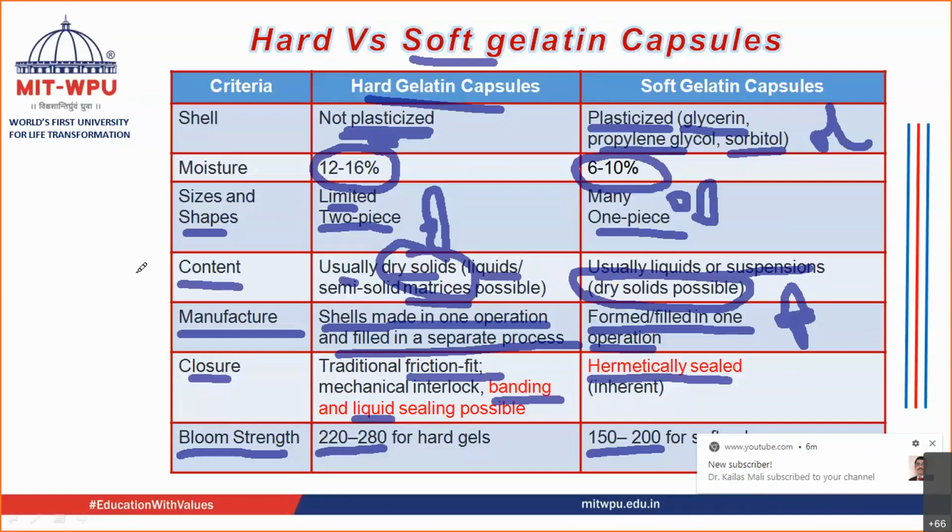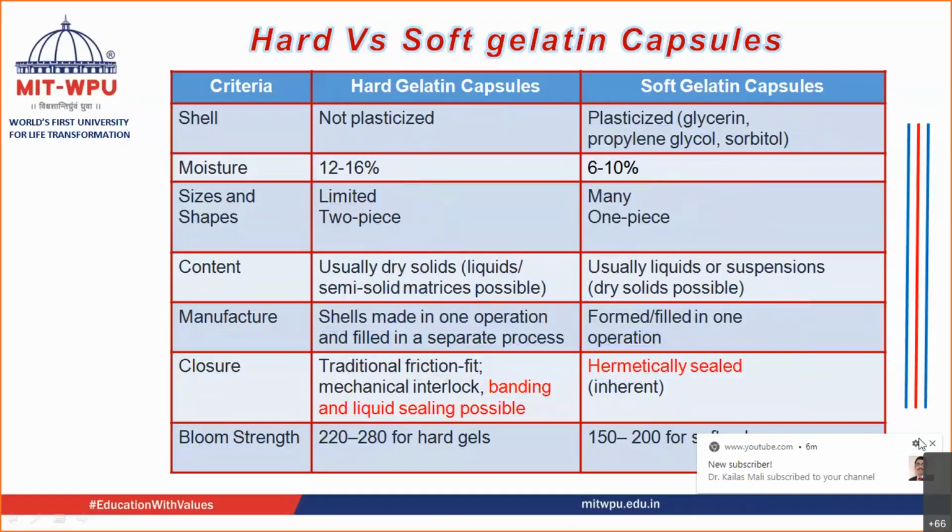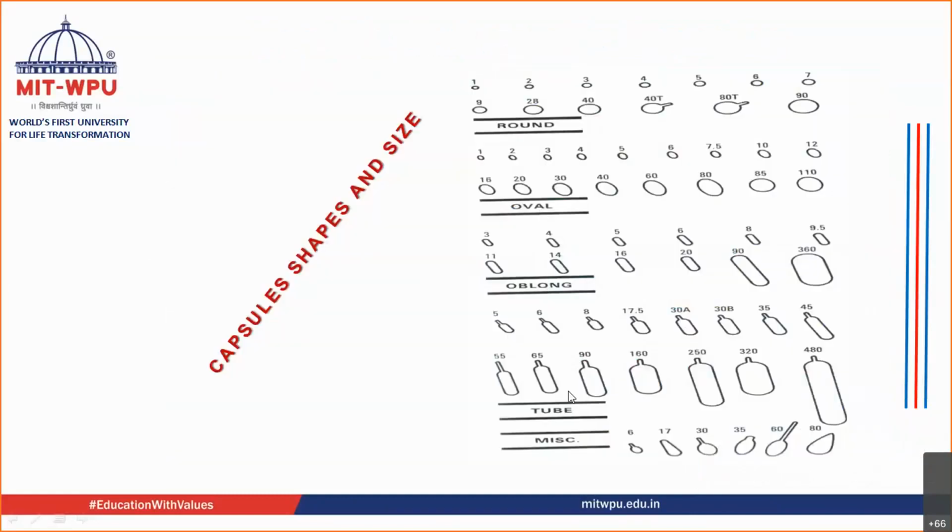If you consider the shapes and sizes, as I told you, you have round shape, oval, oblong, tube shape. You can have miscellaneous shapes, which you can see over here. So you can have a suppository shape, you can have a triangle kind of a shape, you can have a spoon kind of a shape. So different shapes are available. You can have tube like shapes, and the sizes also differ. In case of round, it varies from 1 to 90.